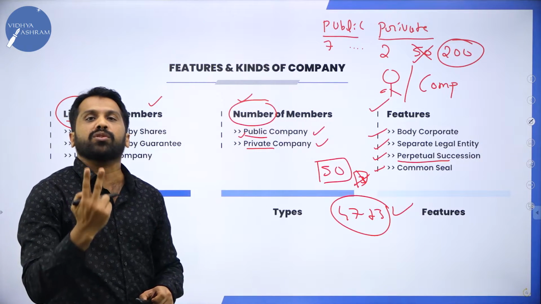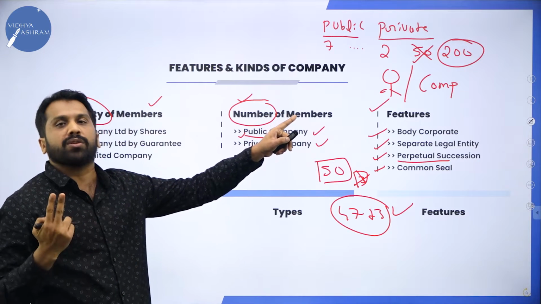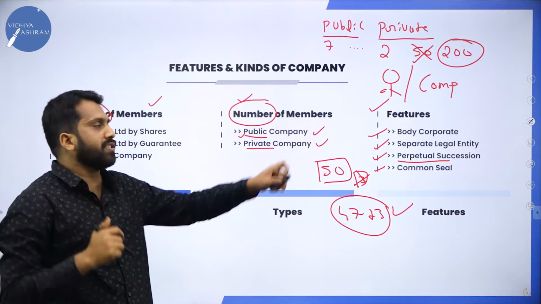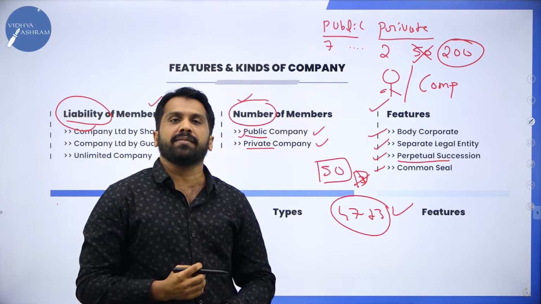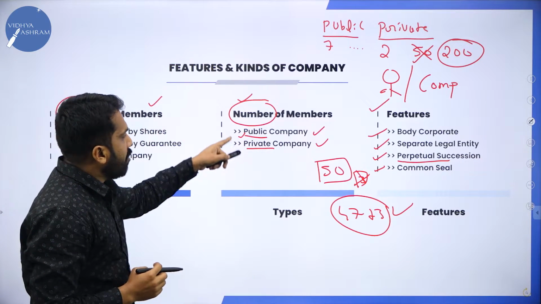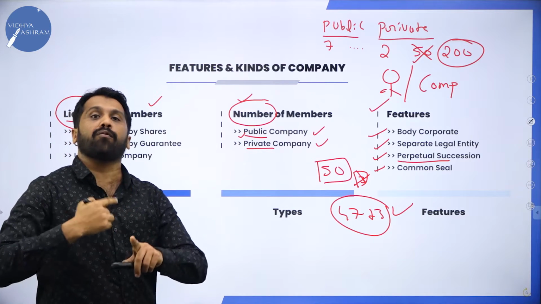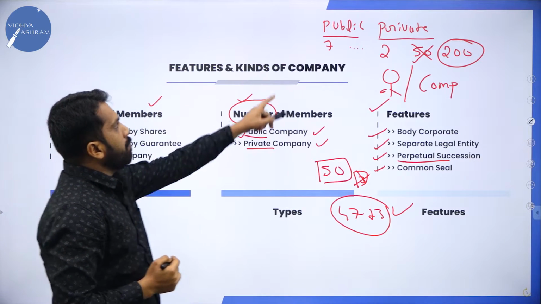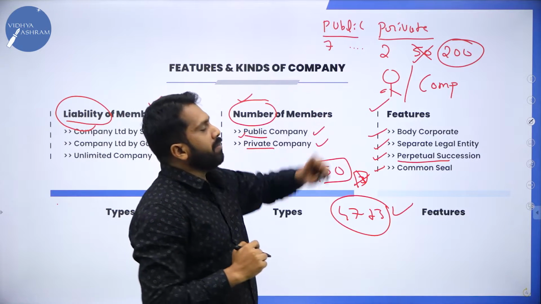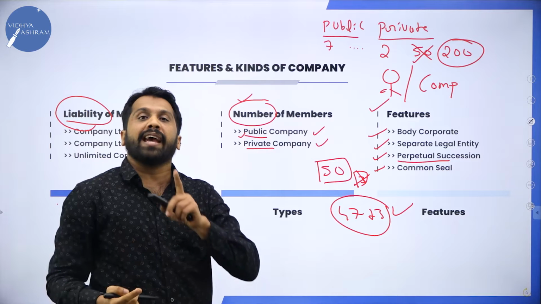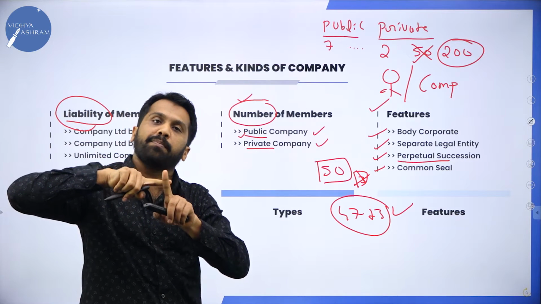Minimum is how much? 2. Maximum how much? 200. There is a major difference between your public and private company. Clear? Along with these 2, we have one more. See, public means minimum how much you needed? 7. Private minimum how much? 2. Can one person frame company?